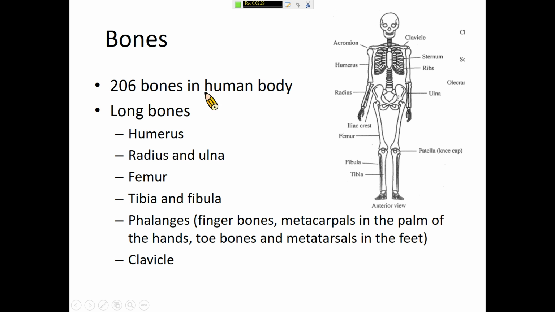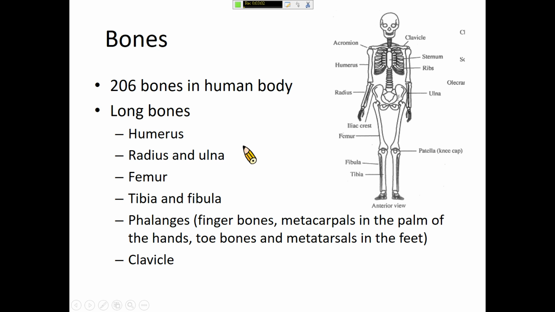Once in a while, you may have some extra or something in short, but that's not regular. And the 206 are in pairs. There's one on the right side, there will be the other one on the left side.